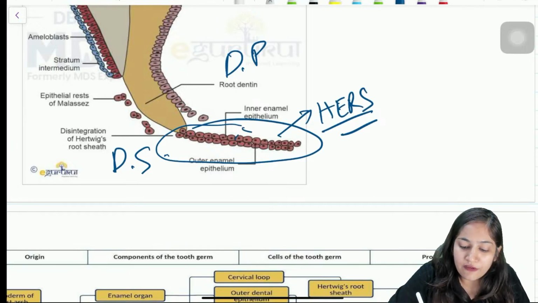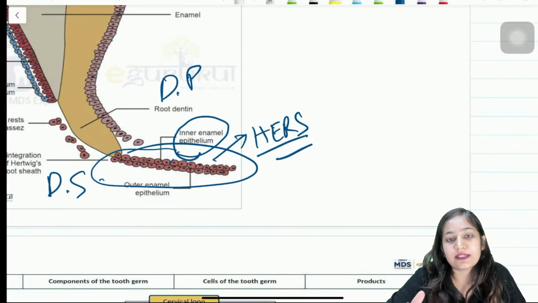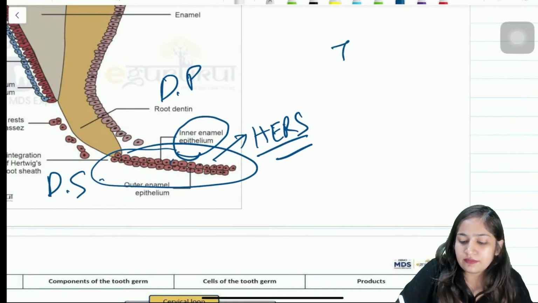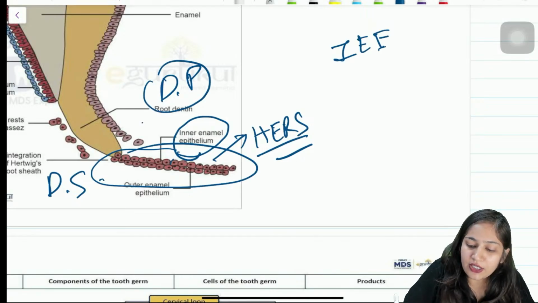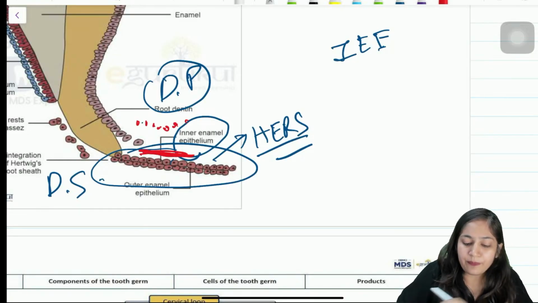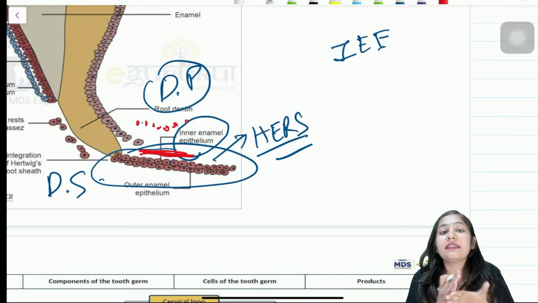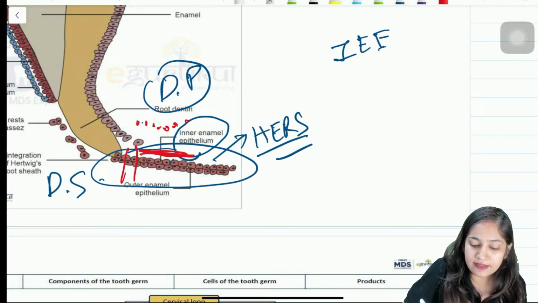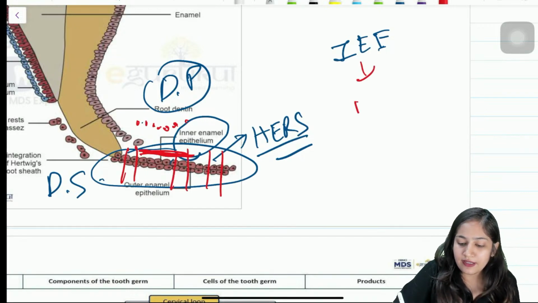Under the influence of this inner enamel epithelial cells, as we have recently discussed in advanced Bell stage, what is happening? This dental papilla cells will differentiate into odontoblast cells. Odontoblast cells will start forming dentin. Once dentin is formed, what will happen? There will be disintegration of HERS.